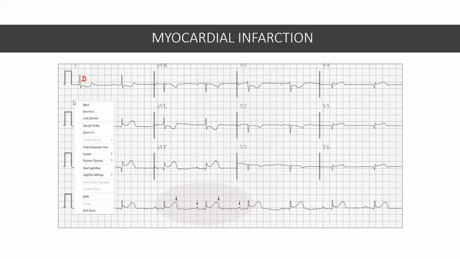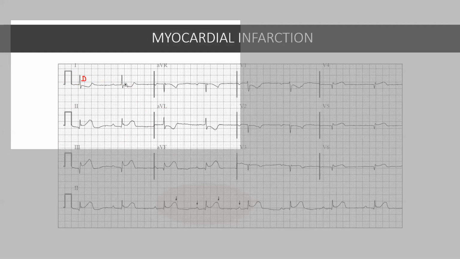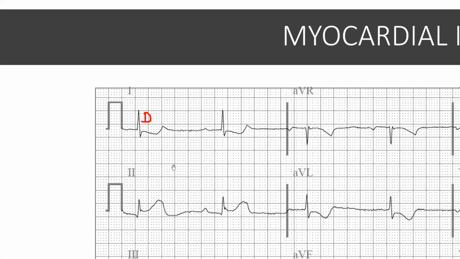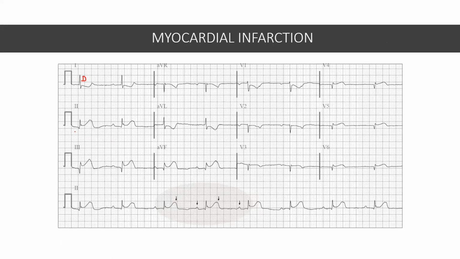For those of you who weren't able to appreciate why it's depressed, I'm going to enlarge it. This is the baseline right here, and this is the J point. It's depressed by 1 millimeter. All right, let's take a look at lead 2. What is the situation in lead 2?